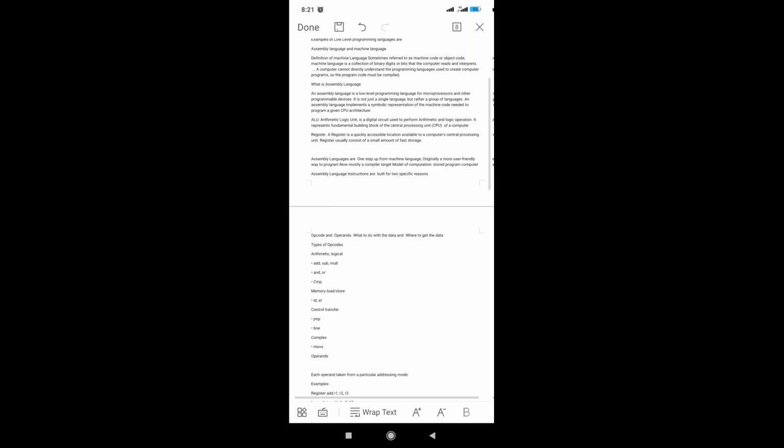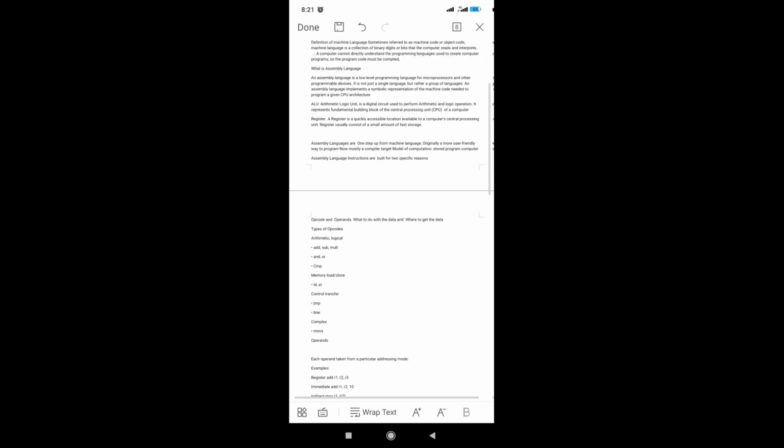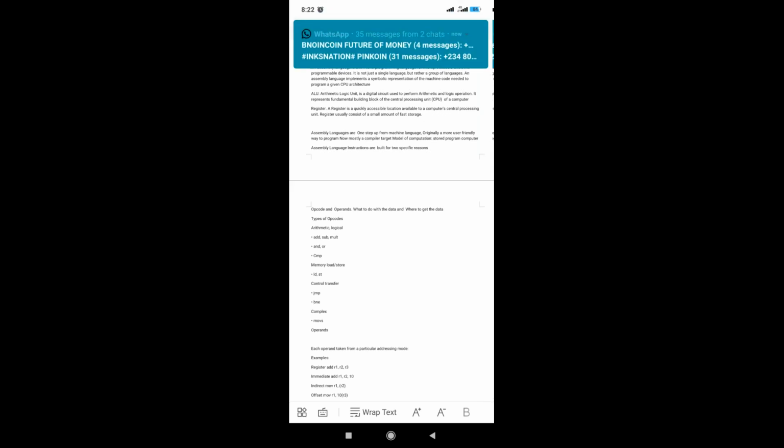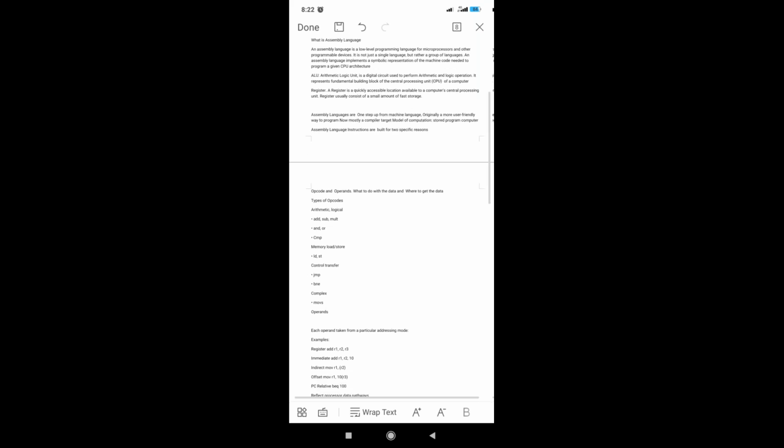Okay. From there, we move to another thing entirely. Assembly language instructions are built for two specific reasons, which are OP codes and operands.